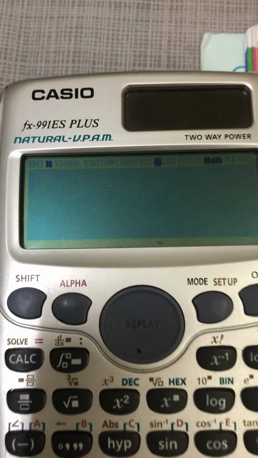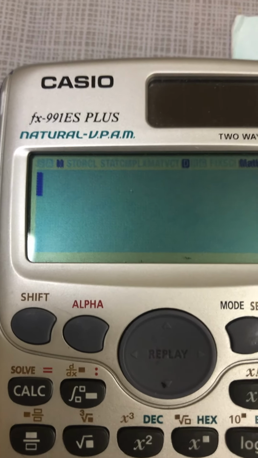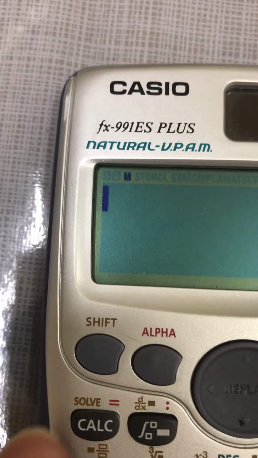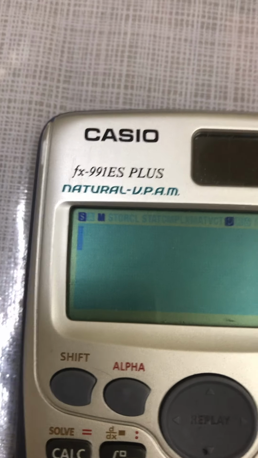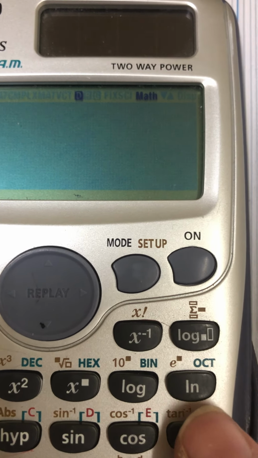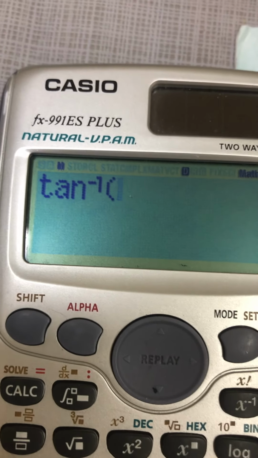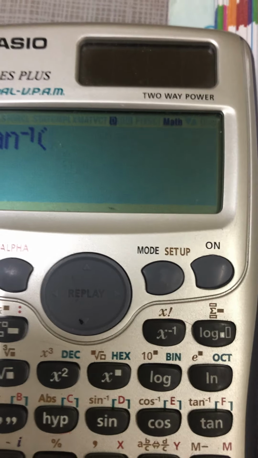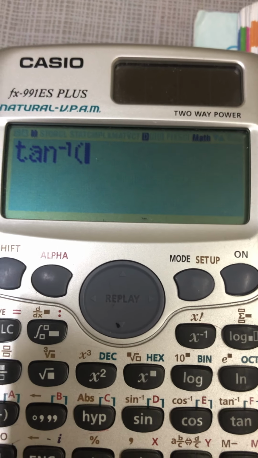You will use your calculator like this. Look here, I go to the left, we have the shift button. I'll press shift, then go to 10. So I press shift and then 10. It wrote tan negative 1, inverse.